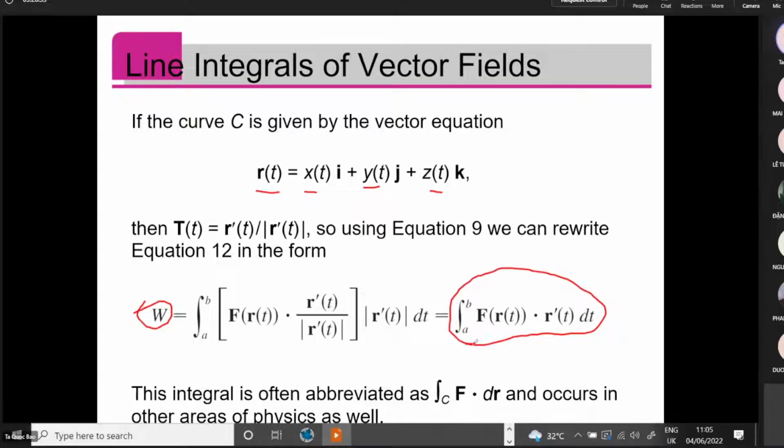Look at this integration. It's quite similar to the integral from a to b of a function f(r(t)) times the length of r prime(t) dt.